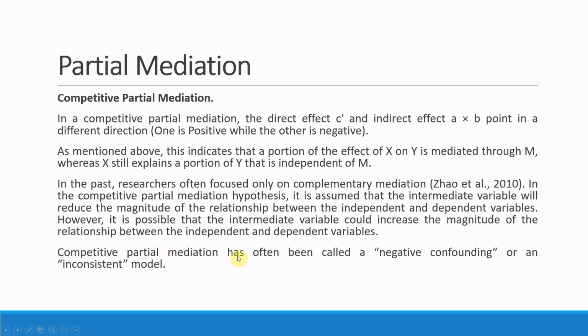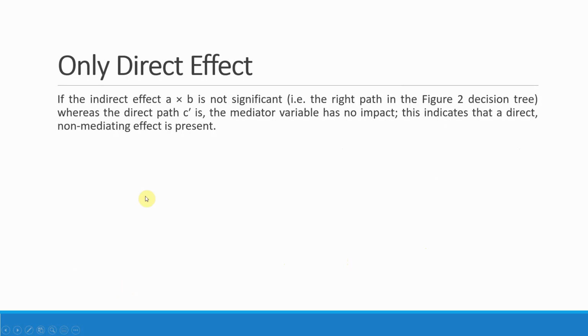Competitive partial mediation has often been called negative confounding or an inconsistent model. Now, only the direct effect. If the indirect effect A into B is not significant, whereas the direct path, that is C, is significant and the mediator has no effect, this indicates that a direct non-mediating effect is present.